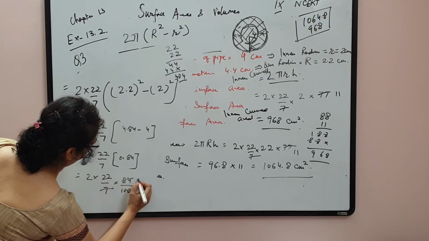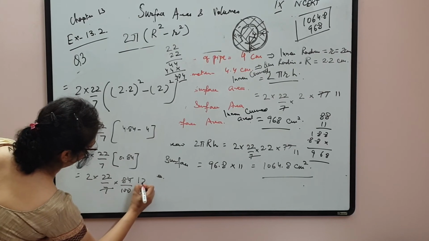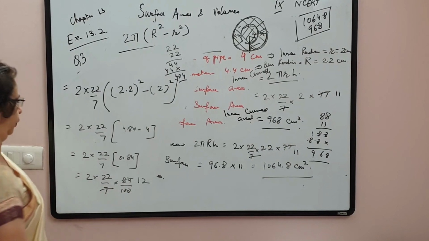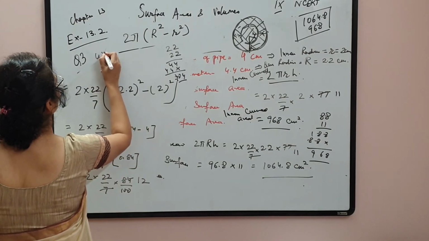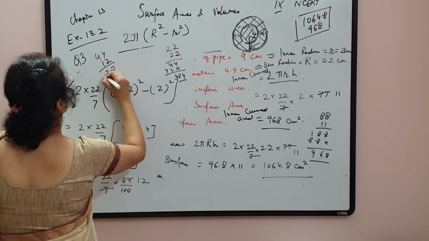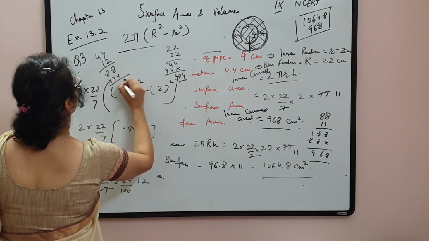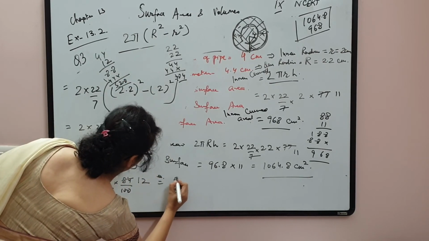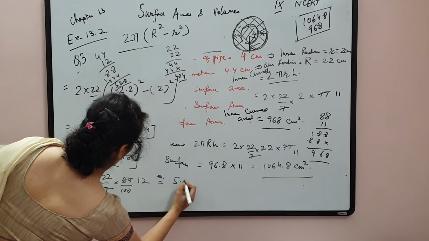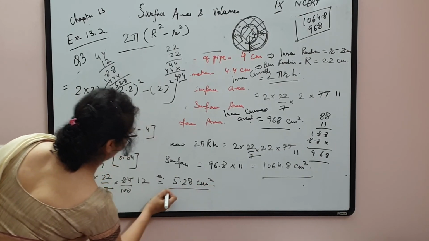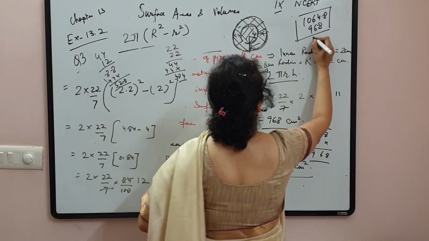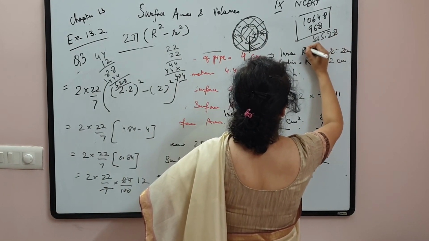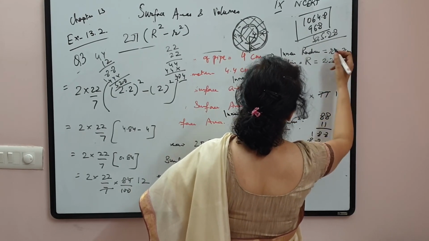This can be cut. 7 1 the 7, 14, 7 2 the 14. So what are you left with? 2 into 22 into 12. That is 44 into 12, which is 528. So this is, children, 5.28 centimeters square. You add this to the curved surface areas and you get your answer.